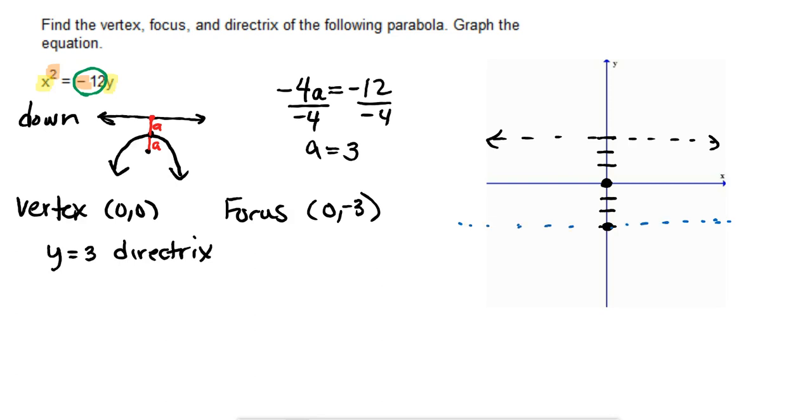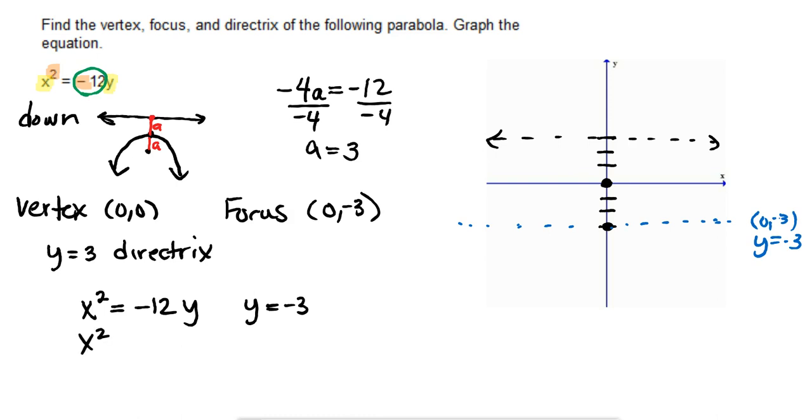So I know that my focus is at 0, negative 3, and the y coordinates of my latus rectum points will be negative 3. So what I can do is take my equation, x squared equals negative 12y, and let y equal negative 3 so I can find those latus rectum points.